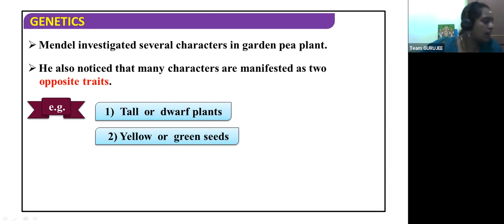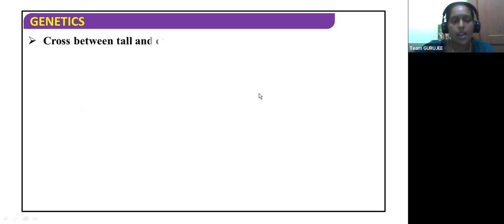The purple and white flower, axial and terminal flower, round and wrinkled seeds. Some seeds were wrinkled, not a perfect round shape, and others were perfectly round. Yellow and green. The pod color was green and yellow. So these were the 7 different characters that he observed in the plants.